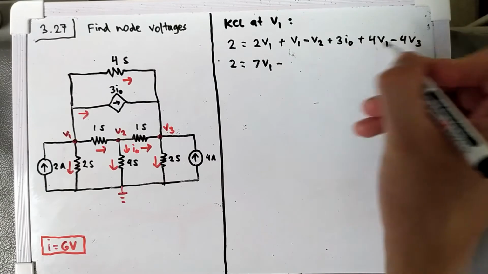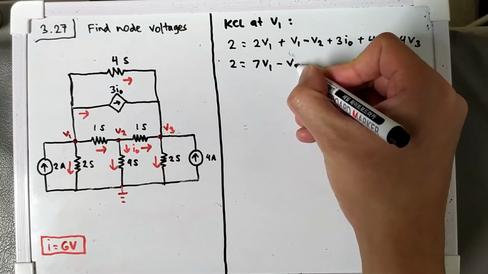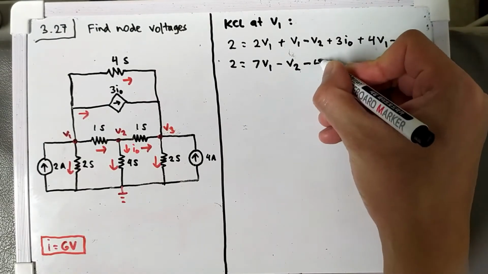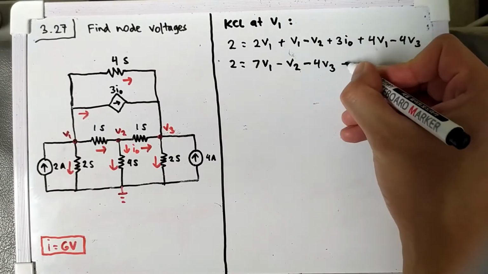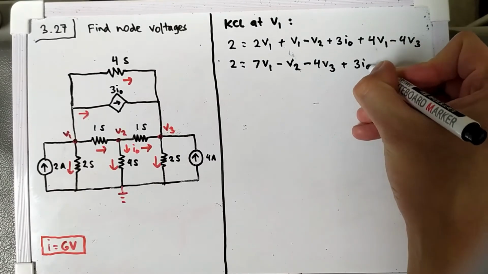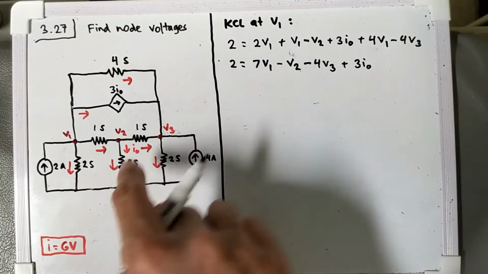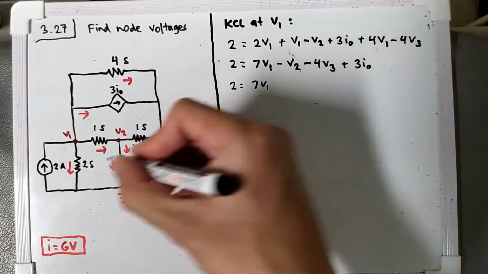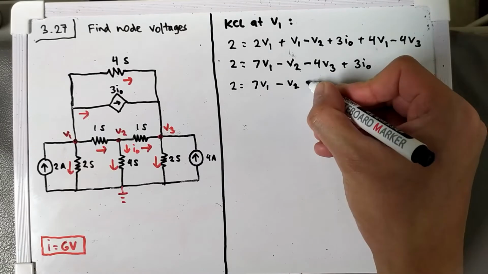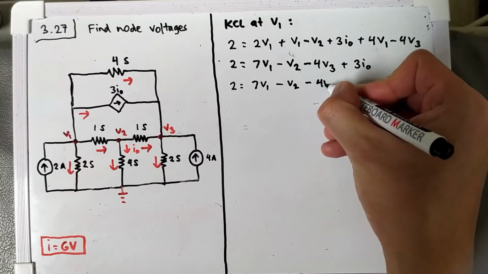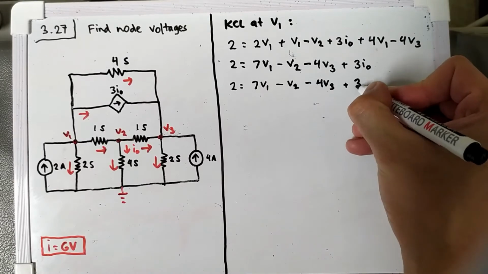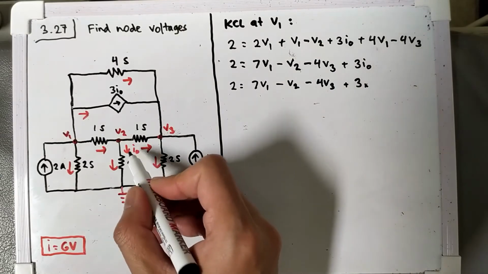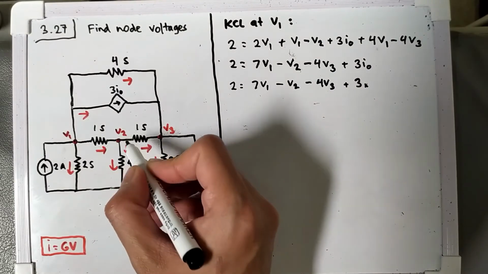For V2, we will have only that voltage. And for V3, we only have this one, minus 4 V3, but we have plus 3 I0, so we can take a look at I0. I0 is this current, and we can apply Ohm's law to that as well.